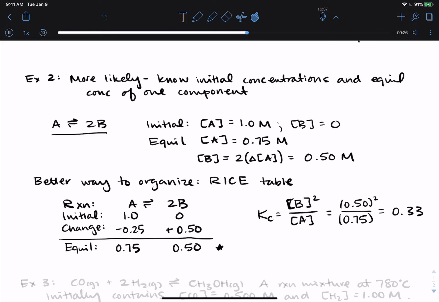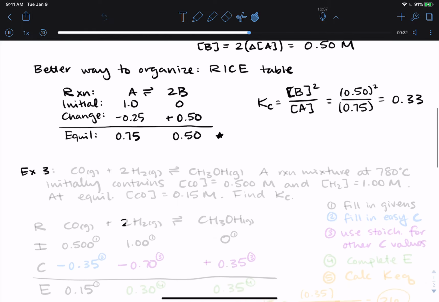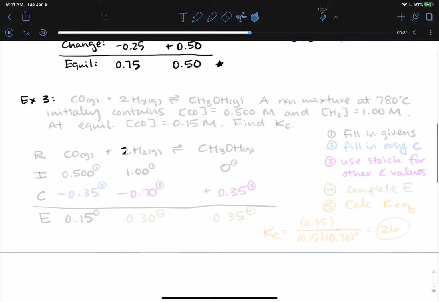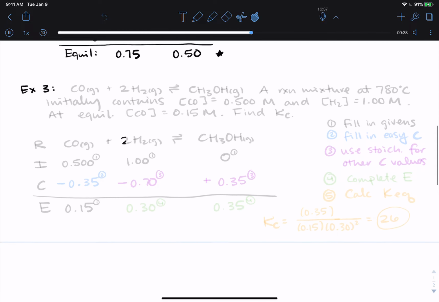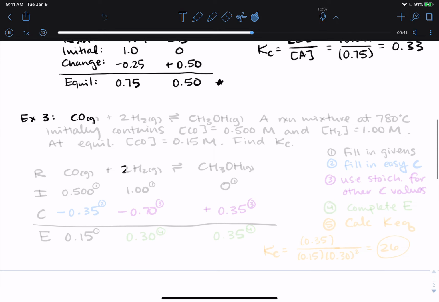We're going to do one more example that uses an explicit reaction and sets up a step-by-step process for this. So our third example, the reaction is that CO gas plus 2H2 gas in equilibrium with CH3OH gas.